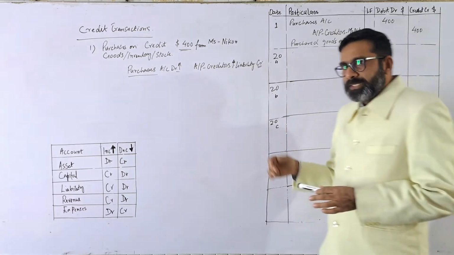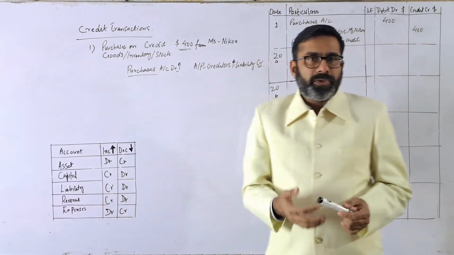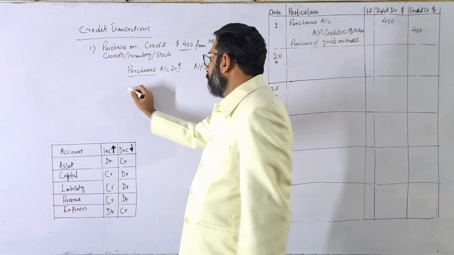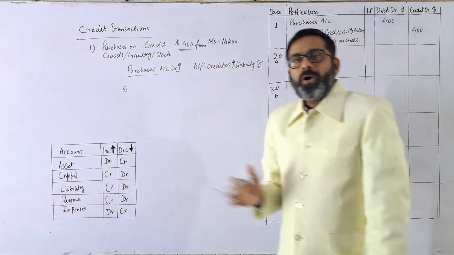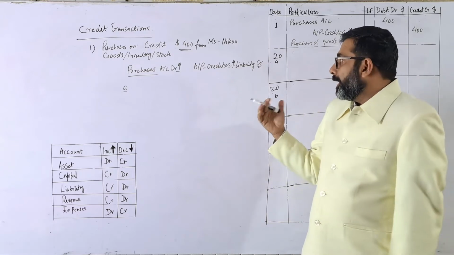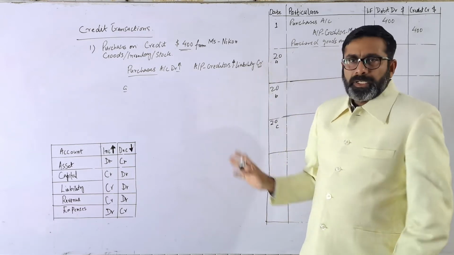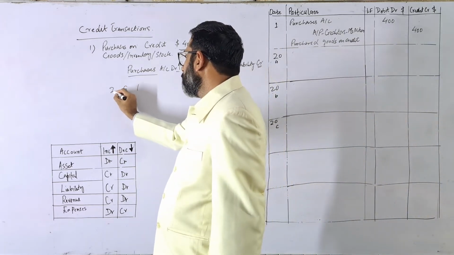So first of all, we are purchasing the goods on the credit basis. Now we will discuss what other options are available related to that transaction. The first option is that we pay all the money to the supplier, $400.